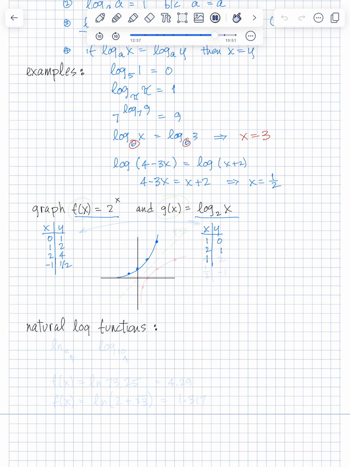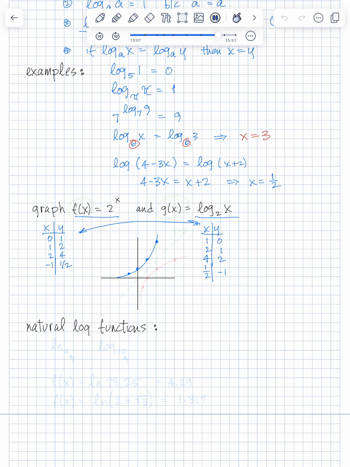Log base 2 of 4 is 2. And log base 2 of 1/2 is -1. And you notice between these two XY tables, their Y values and X values are reversed. And we know that's what's going to happen with inverses.